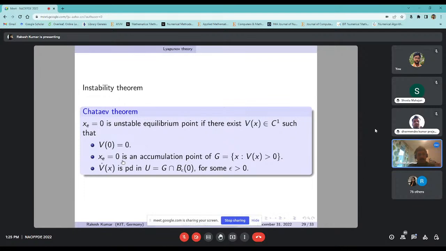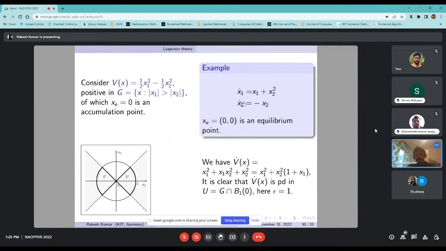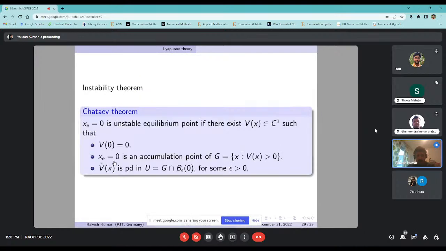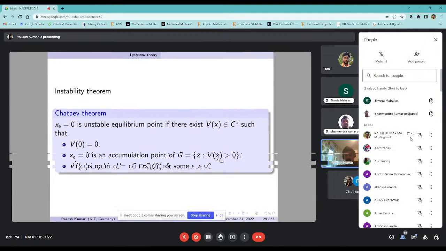So using the Chetaev theorem, we take the system of differential equations x1 derivative and x2 derivative, and this is the Lyapunov function. Then this is the region where we find this condition number 2. This equilibrium point is an accumulation point for V(x) greater than 0.